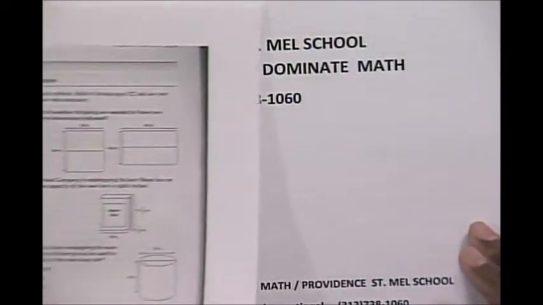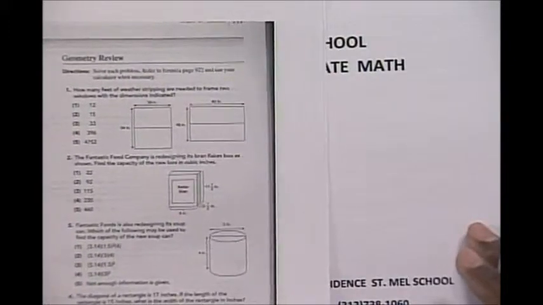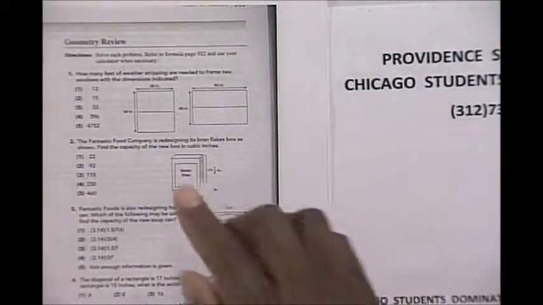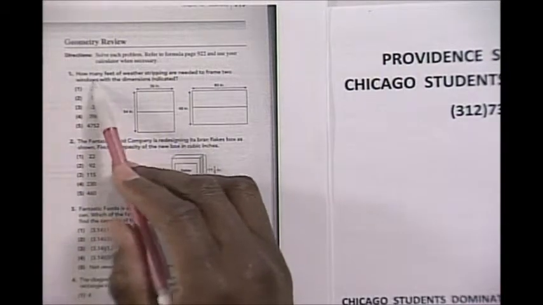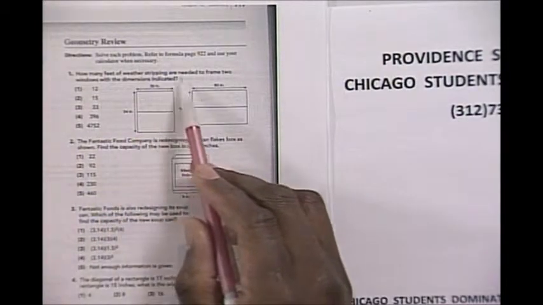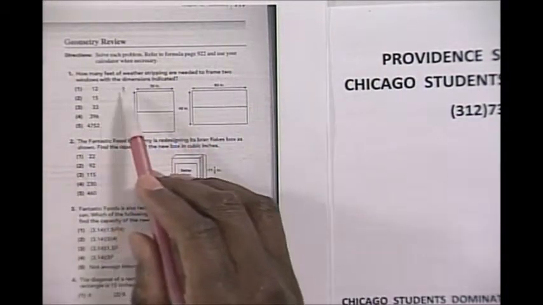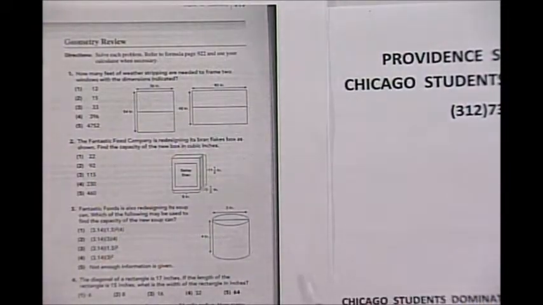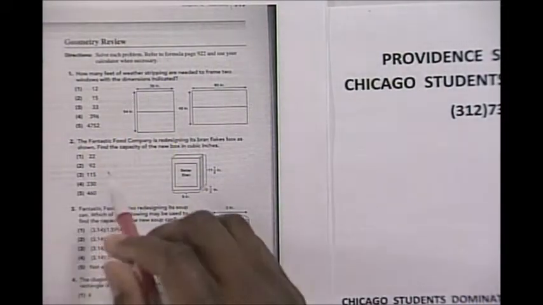All right, so the first problem, if you can't see it very well, I'll read it. It says, how many feet of weather stripping is needed to frame 2 windows with the dimensions indicated? All right, so you've got to read these problems.